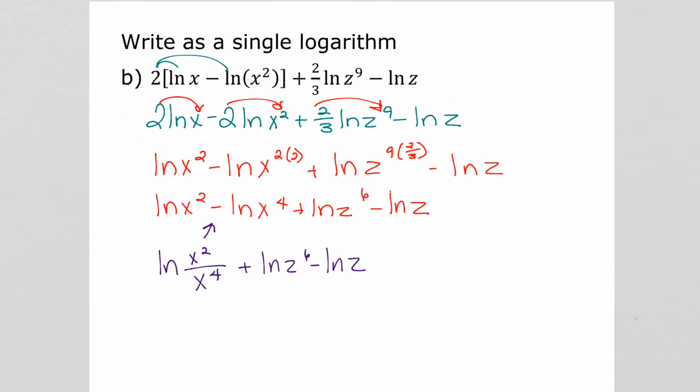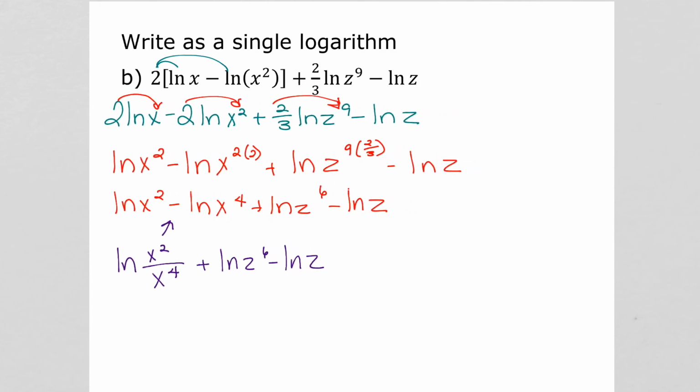Did I leave myself room? Nope. Let me move this over because I'm going to have to. Okay. And then same thing with the addition here. We're going to make that multiplication. So natural log of x squared over x to the 4th times z to the 6th.